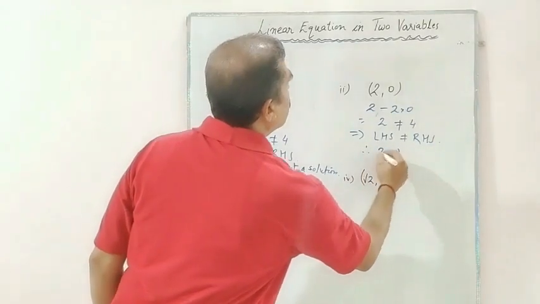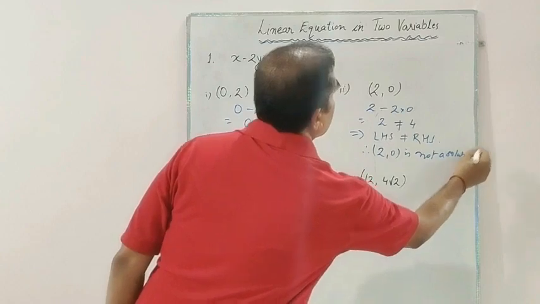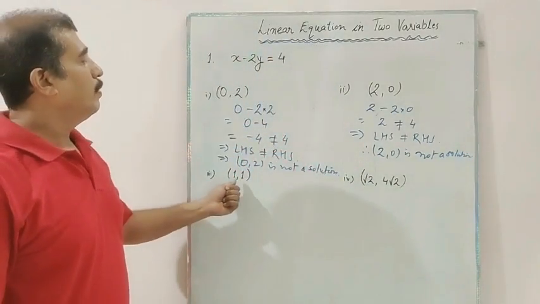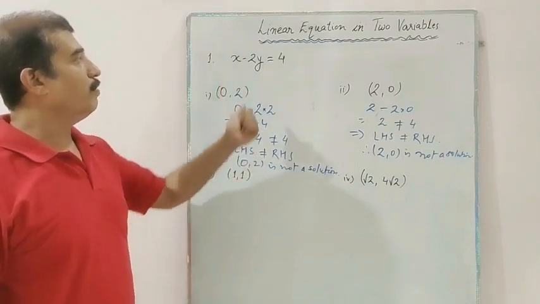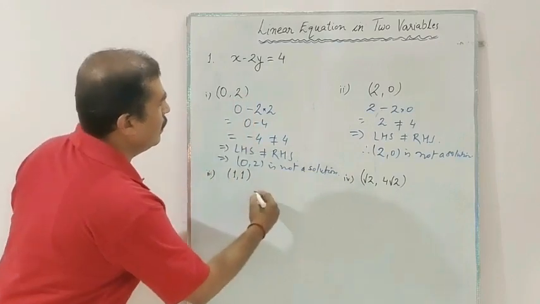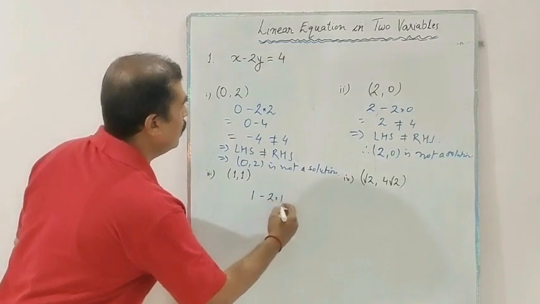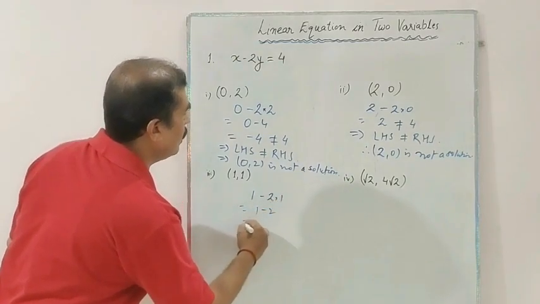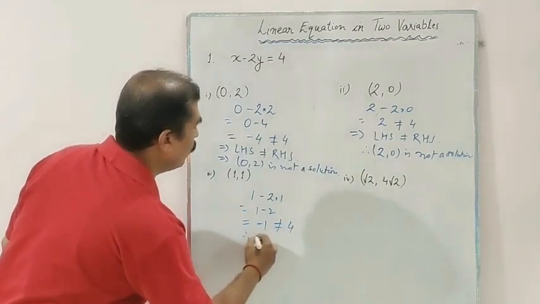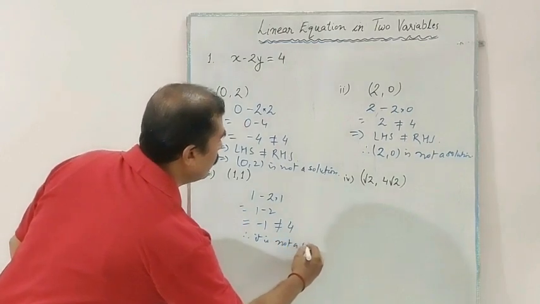Therefore, (2, 0) is not a solution. If we put value of x as 1 and value of y as 1, it means (1, 1). Let us see, 1 minus 2 into 1, it is 1 minus 2, it is equal to minus 1, again not equal to 4, therefore it is also not a solution.